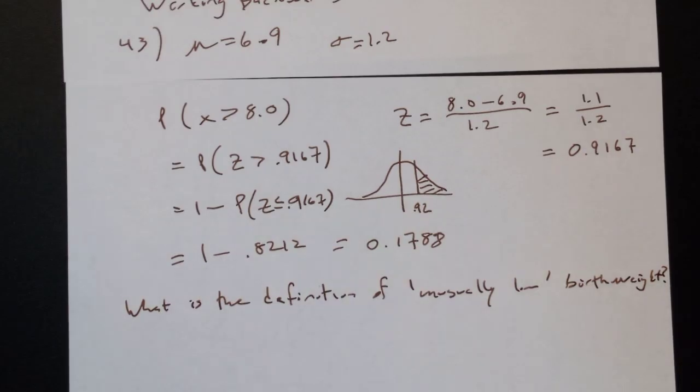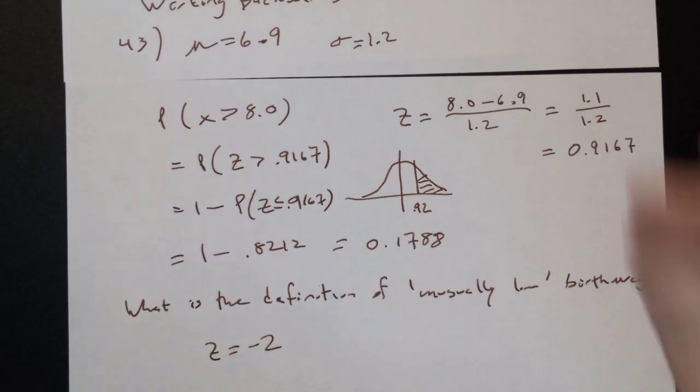Well, unusual means a z-score of 2. Low means it's going to be a -2. If my z is -2, what weight is that?